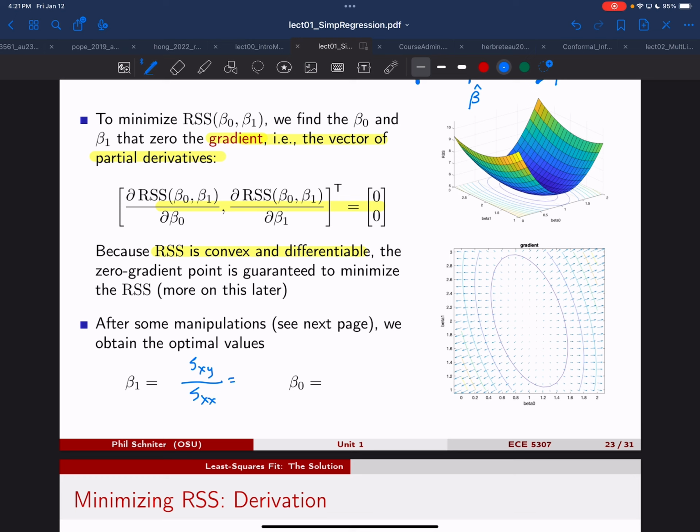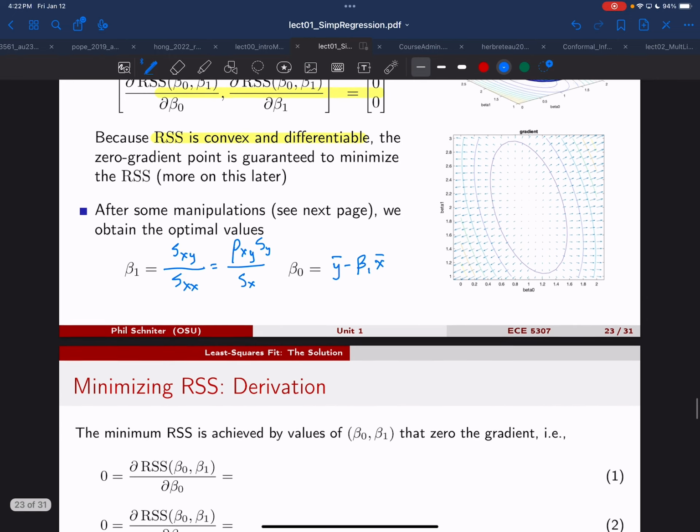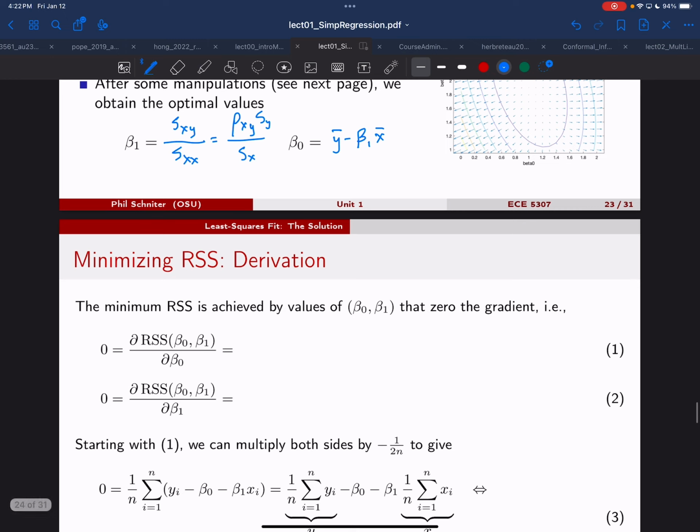We can also write this as the normalized correlation coefficient rho_XY times S_Y divided by S_X if we would like. And for beta 0, it ends up being Y bar, the mean of all our targets, minus beta 1 X bar. So our next goal is to derive those equations.